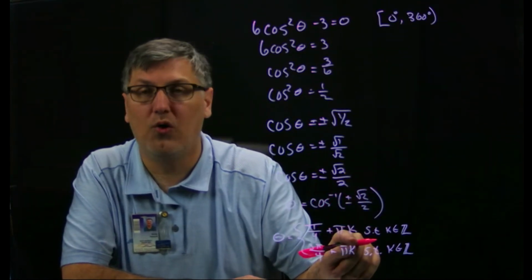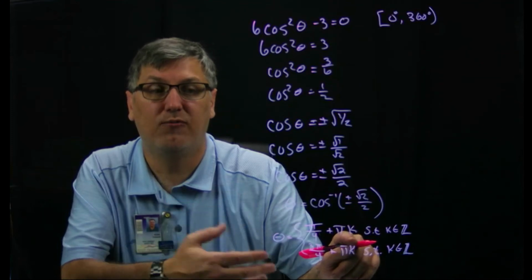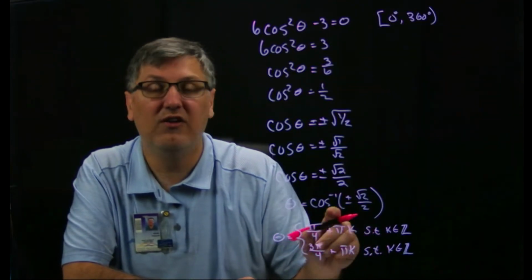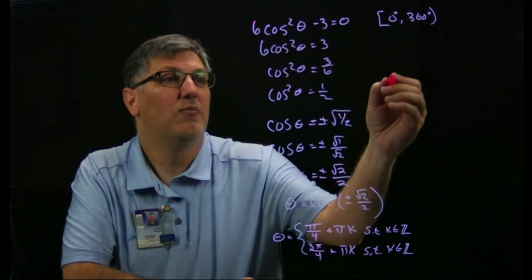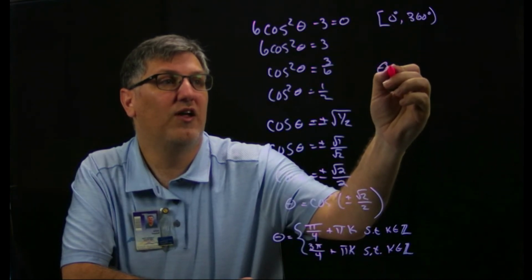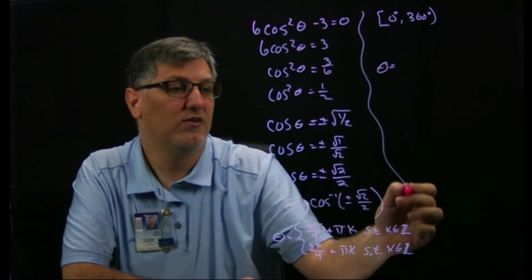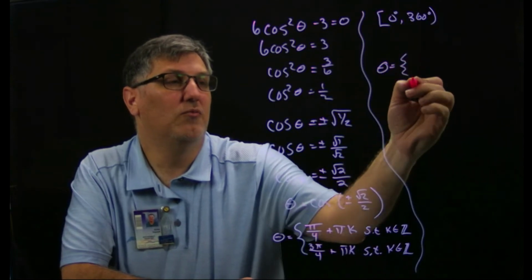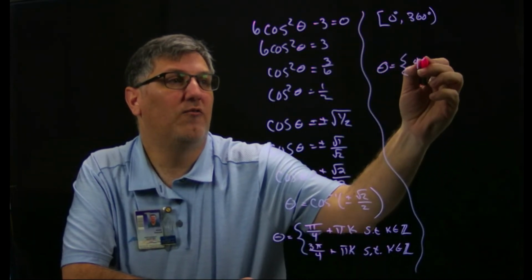You can plug 0, 1, 2, 3, 4 in for your k's on both of these, and you would get the same answers. But these answers coming from the unit circle, my theta for this part is going to be 45 degrees.